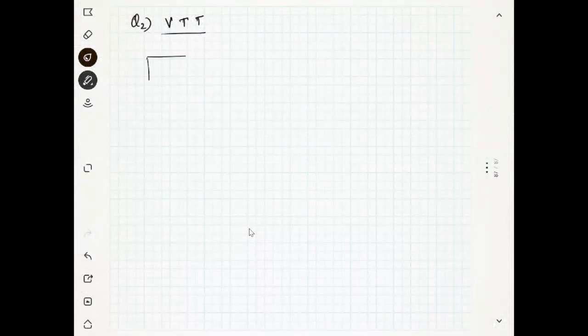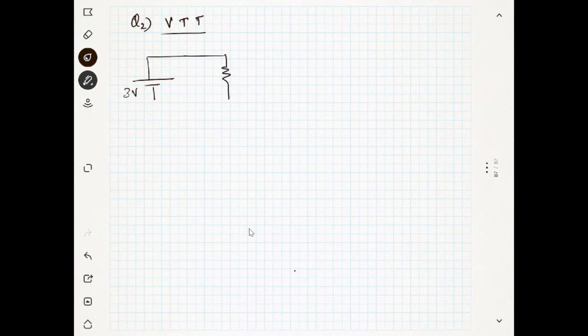Next we have a voltage source which is 3 volt, and you have a resistance which is 4 ohms, and you have a current source like this which is 0.25 ampere.